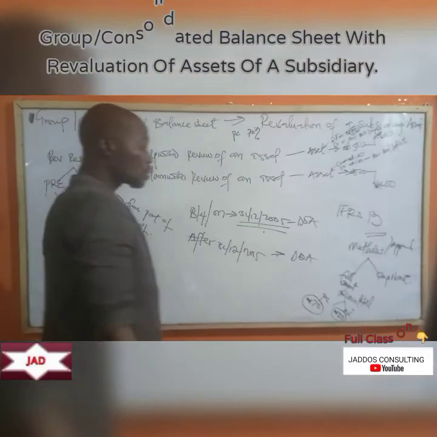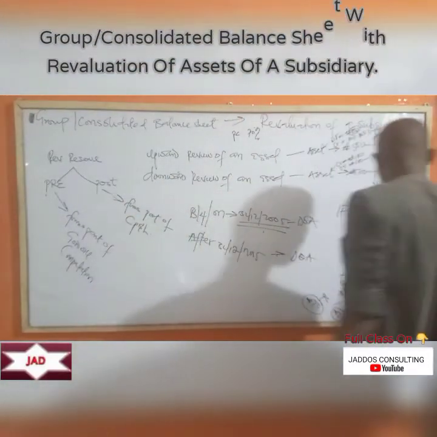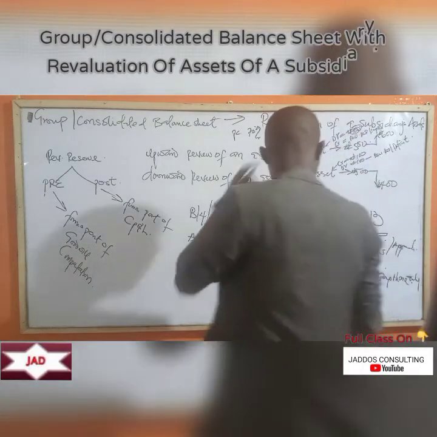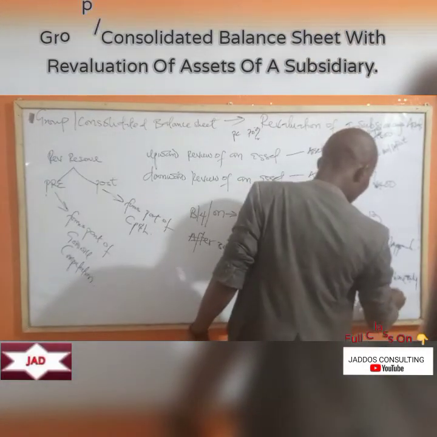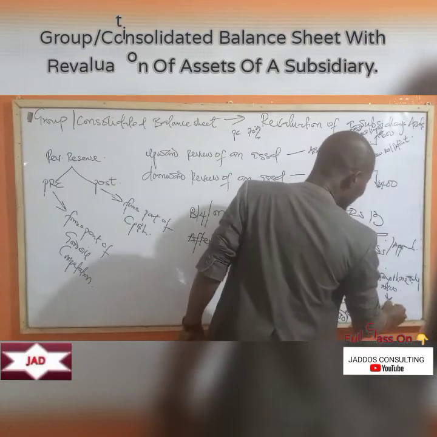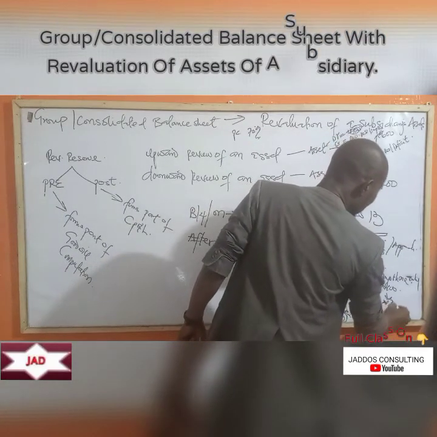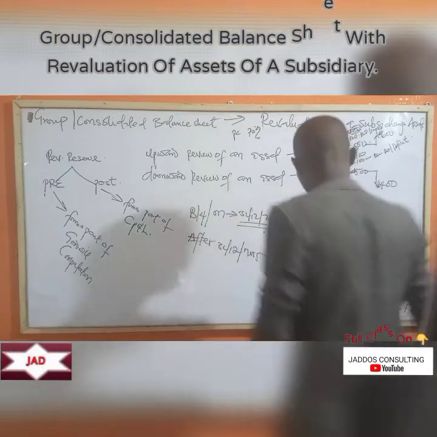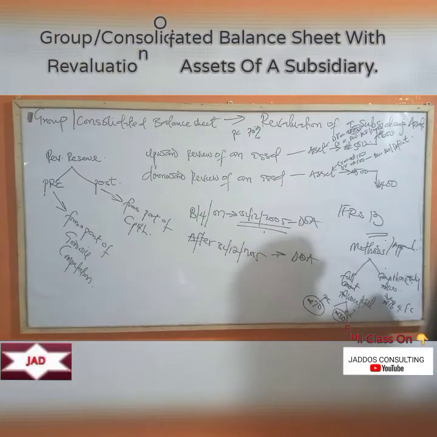That's one. The next one here is the group share only. When you say the group share only, it means in this case, of course, what you have is 100 naira revaluation, but you are only going to take into account the 70% of the parent company. You're going to ignore the minority.